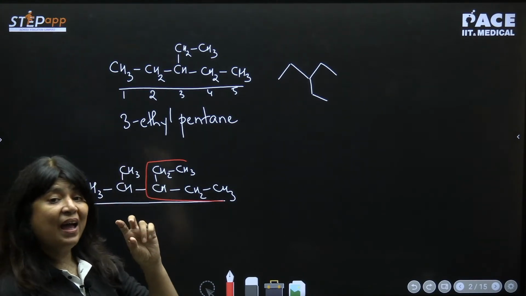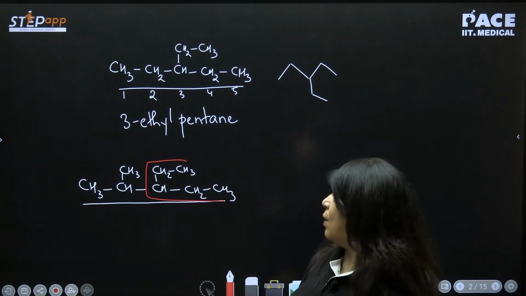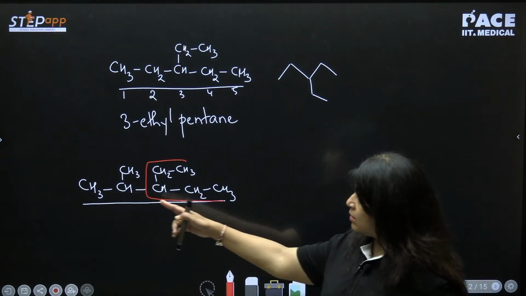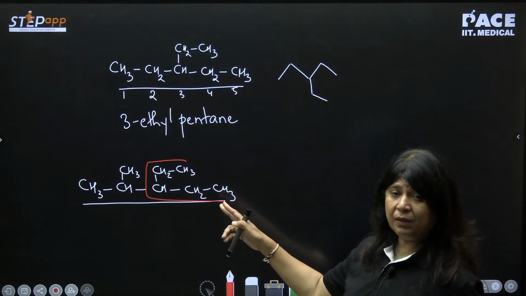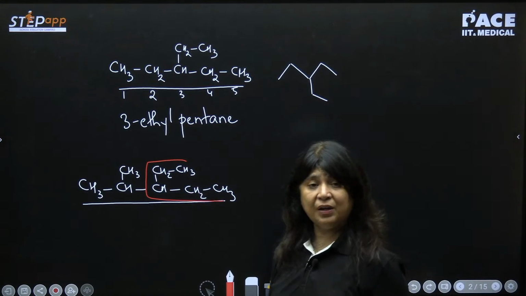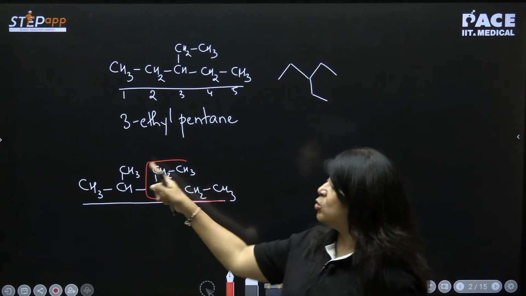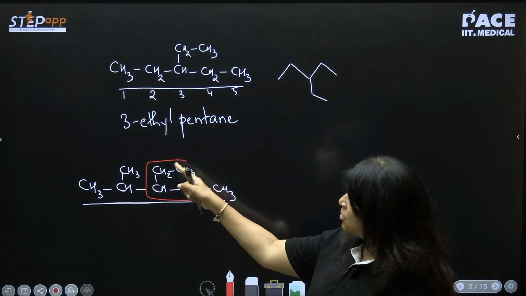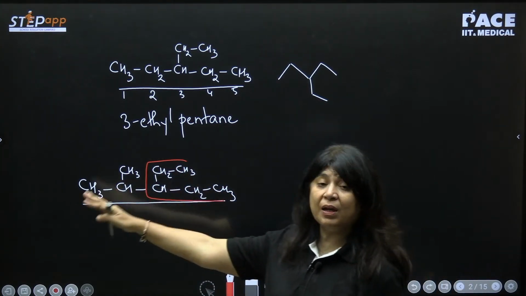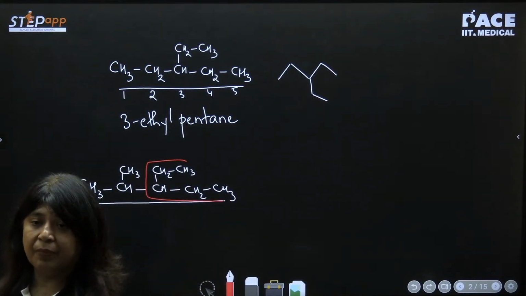So now I have 2 different chains of equal length here, equal number of carbon. This is one long chain of 5 carbon. This is also one long chain of 5 carbon, but they are different in the sense that this chain of 5 carbon has 2 branches and this chain of 5 carbon has only one branch. So how are you going to decide which is going to be the parent chain?